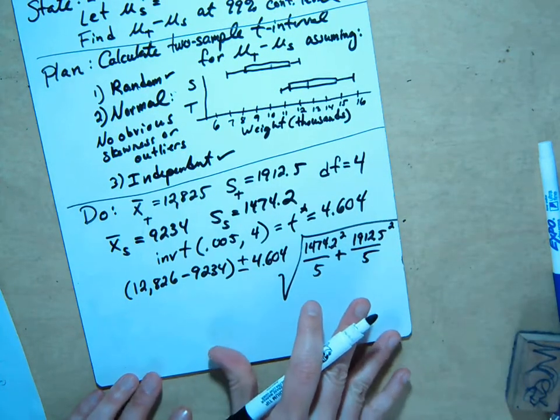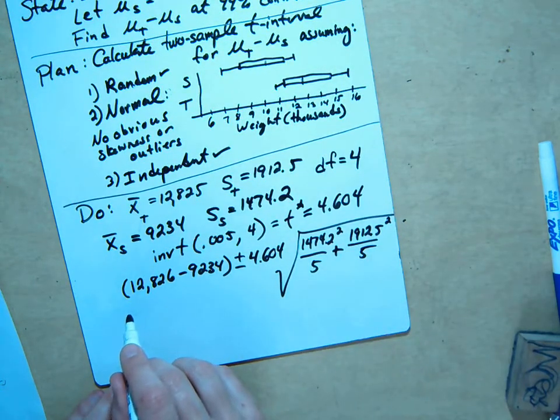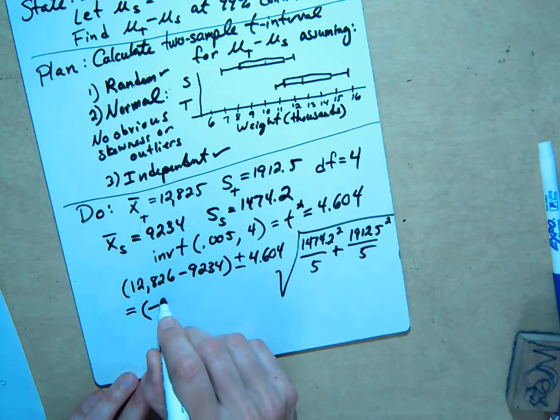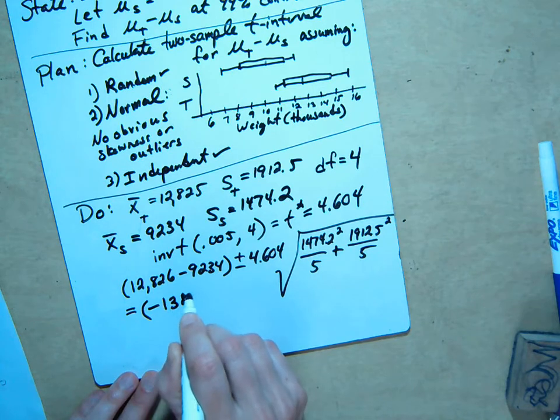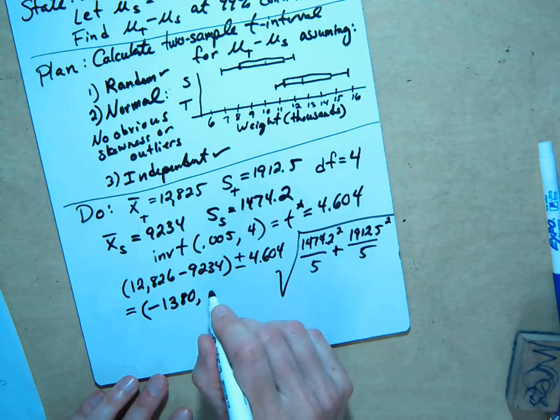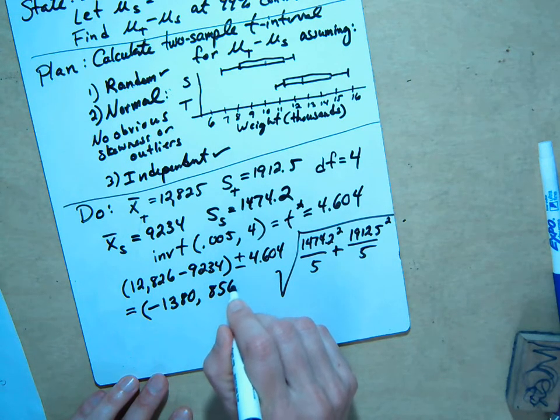If you enter that on your calculator correctly, you should get that the confidence interval is between negative 1380 grams and 8564 grams.